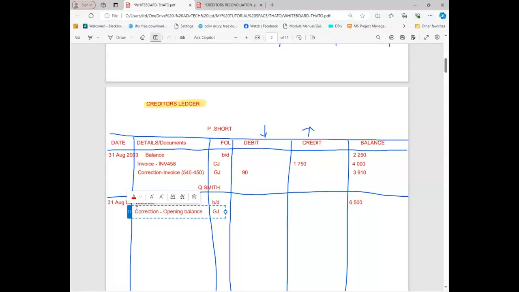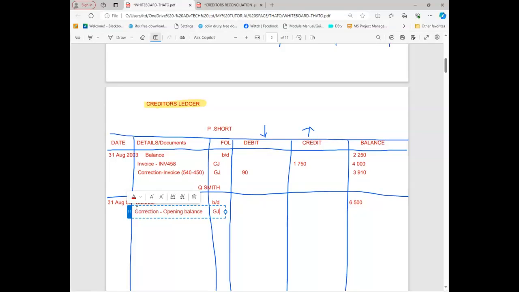So you said we must decrease. Obviously, we know where to go, but how much must we decrease with? So we need to do the math. This is 6,500 minus 3,465.